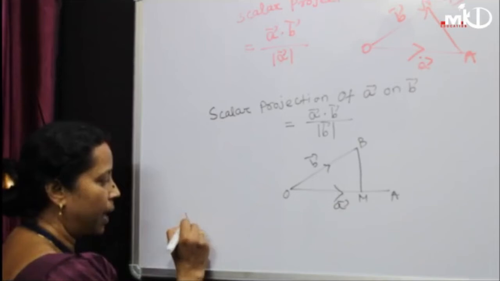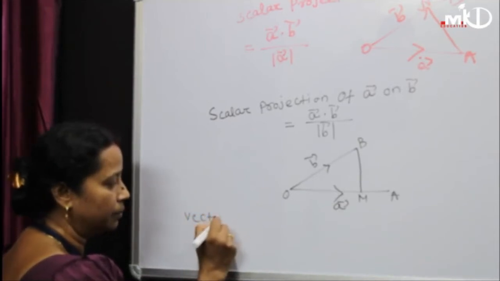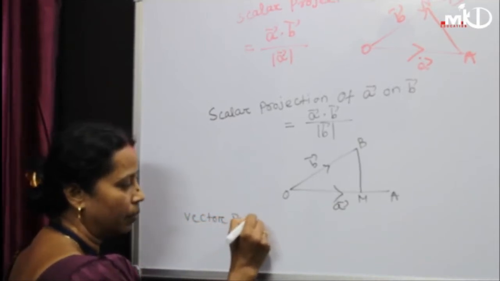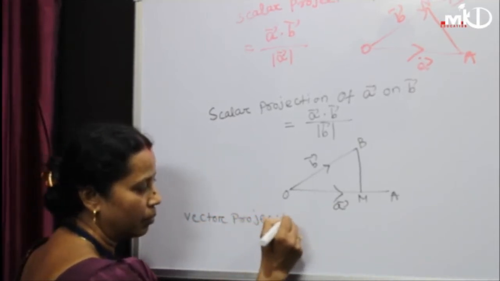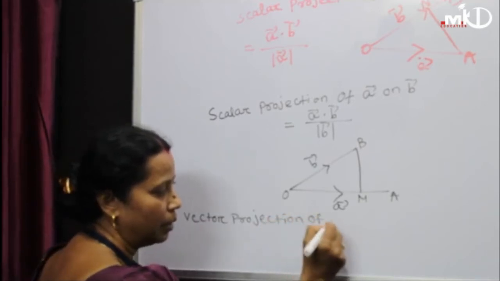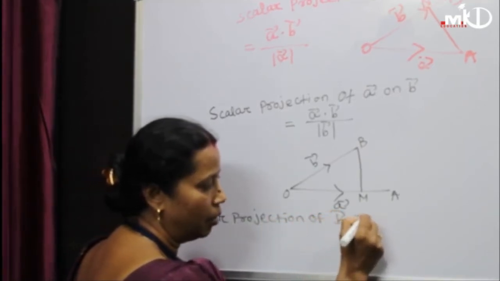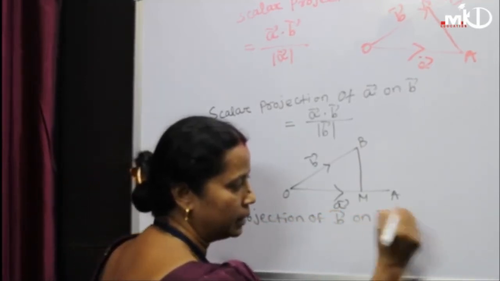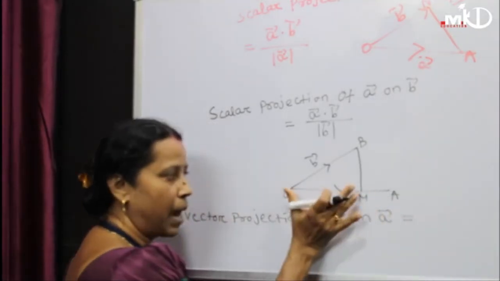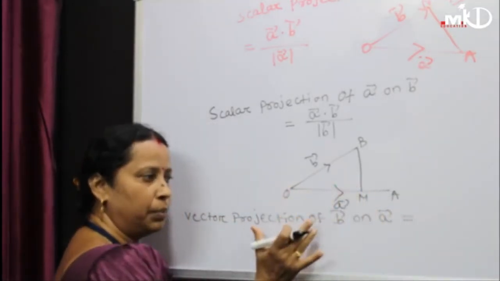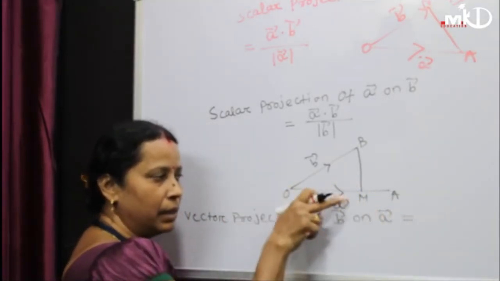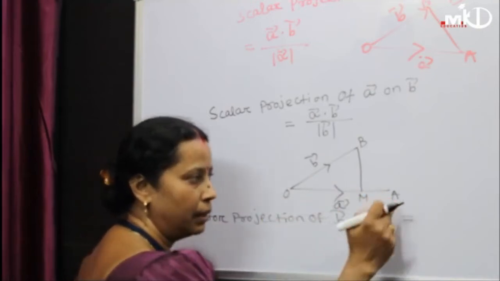So the vector projection of B bar on A bar has magnitude OM and direction along the vector A bar.